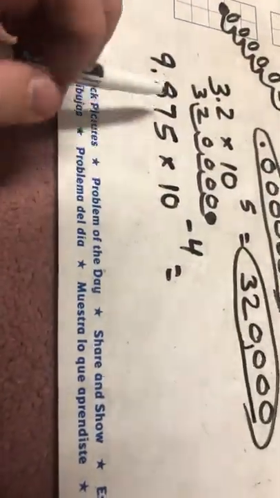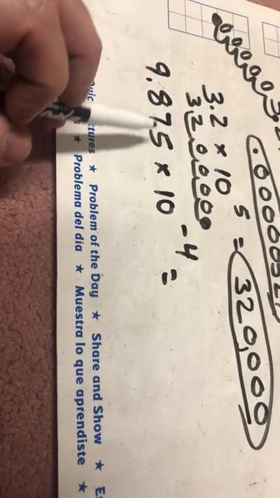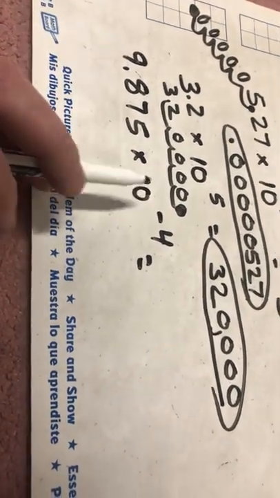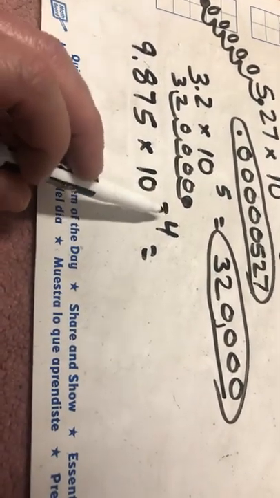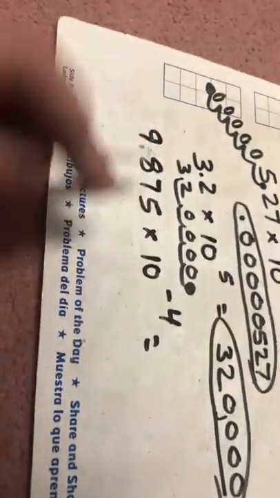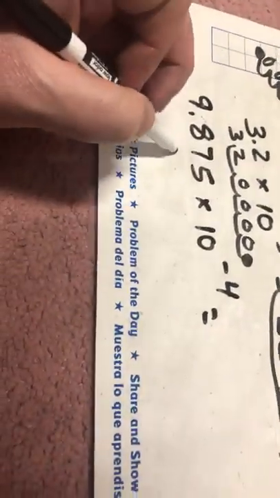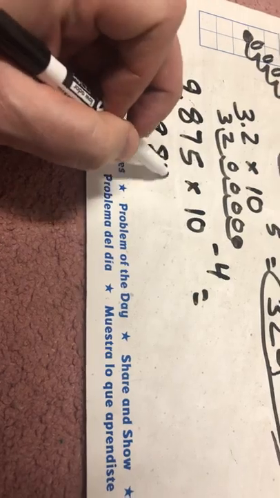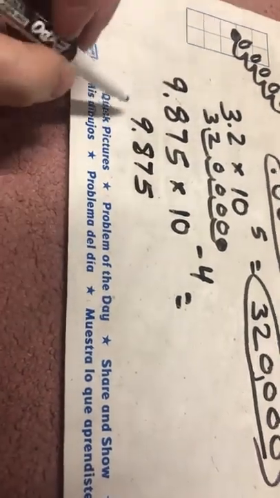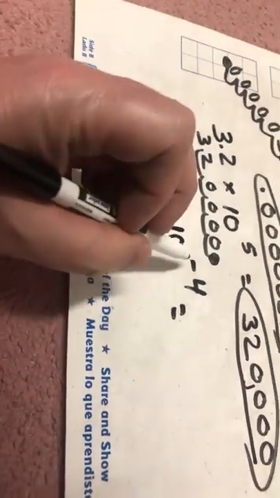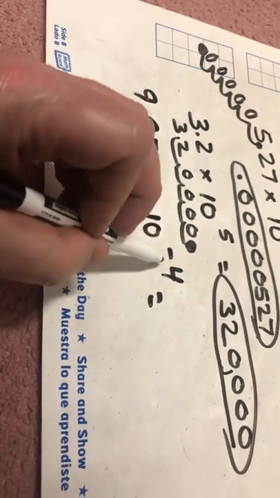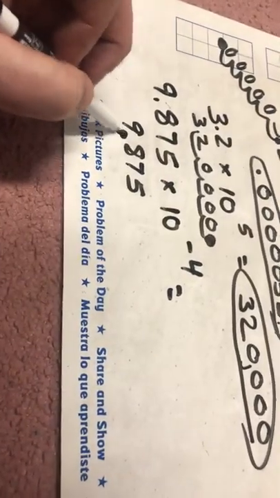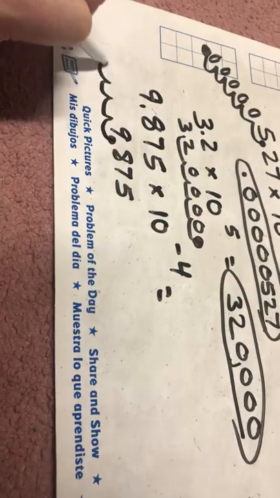Last one here. 9 and 875 thousandths times 10 to the power of negative 4. Well, once again, this is a negative 4, so I know my decimal is going to be moving left. So if I come over here with my 9.875, I'm going to move the decimal 4 places to the left because my exponent is negative 4. 1, 2, 3, 4.